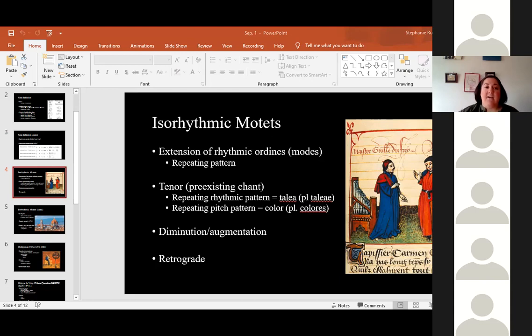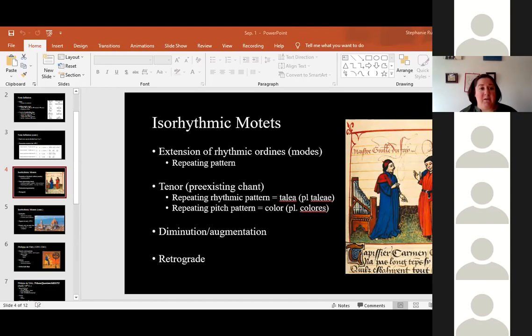It's because the idea of an isorhythmic motet is to repeat a rhythmic pattern over and over and over. The way these things work is that the tenor line containing the pre-existing chant, remember in a motet, the tenor is the slow part bearing the pre-existing chant, is organized according to a repeating rhythmic pattern that just recurs and keeps repeating over and over again until the end of the motet.